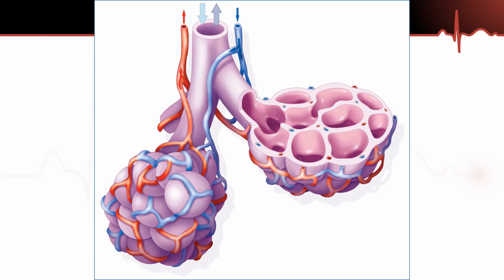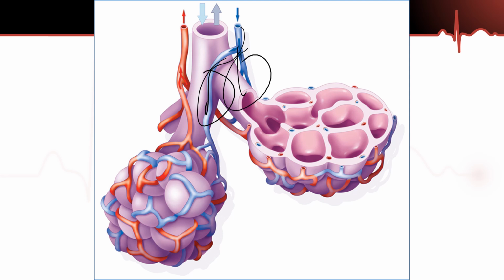Okay, so think about it. The right ventricle contracts, and it pushes deoxygenated blood into ultimately the pulmonary arteries. And then the pulmonary arteries will become these right here, which are pulmonary arterioles.